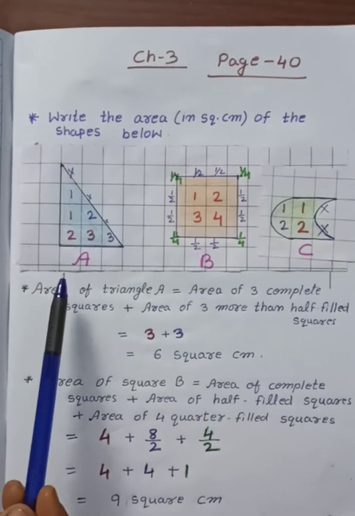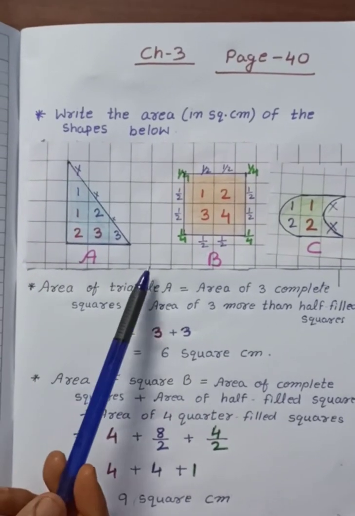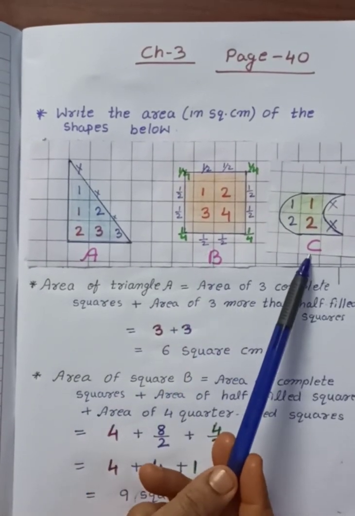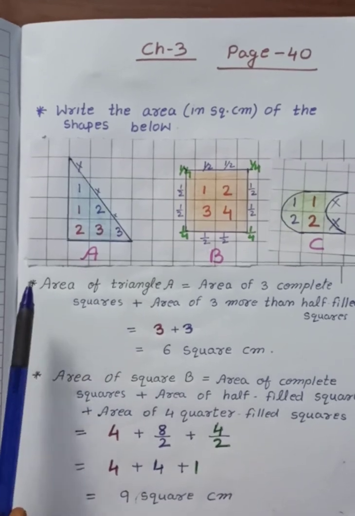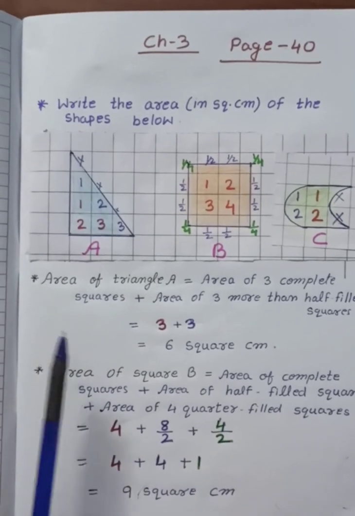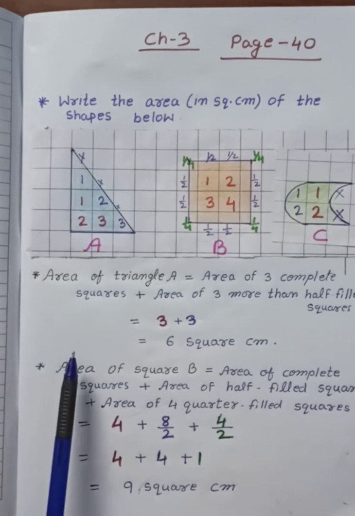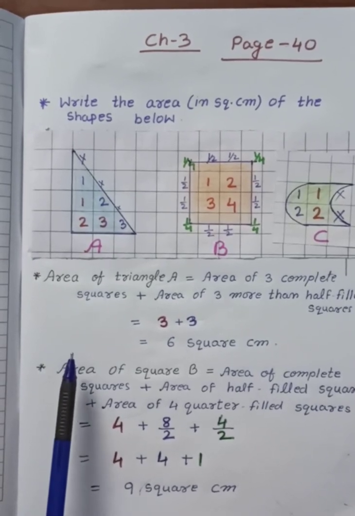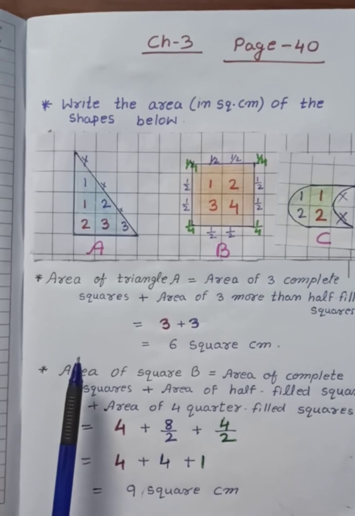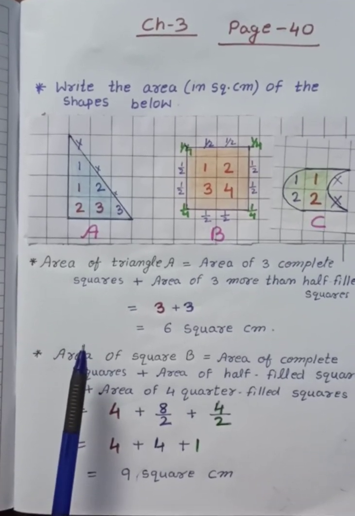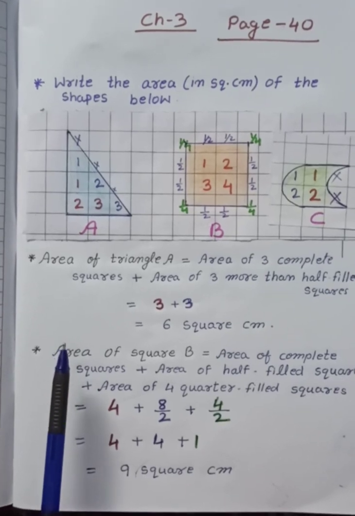Look here, I have drawn 3 shapes: shape A, shape B and shape C. For finding the area of any shape, we have to find the number of complete squares, then the number of more than half filled squares, and then the number of exactly half squares.